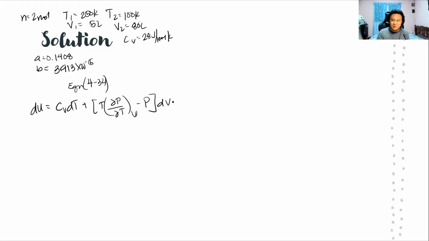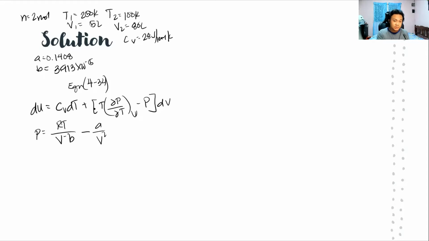Okay, and then we were told that this is a van der Waals gas, right? So van der Waals is in this form: P = RT over (V minus b) minus a over V squared. Okay, so we have to plug it into this part of the equation so that we will use it.